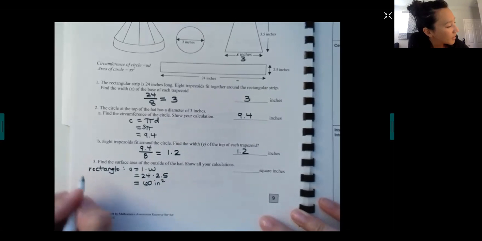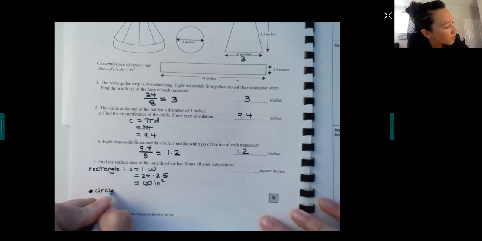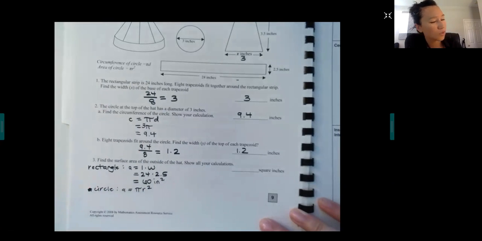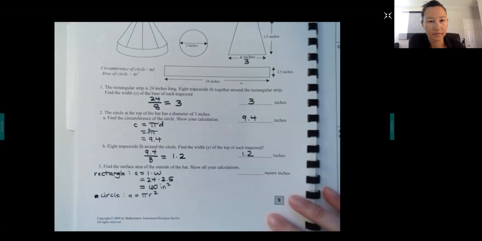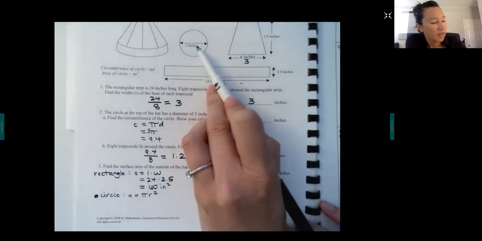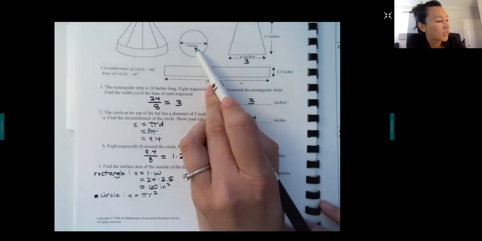Next we need to find the area of our circle, which is pi times the radius squared. Our radius is not 3 inches. That was our diameter, right?